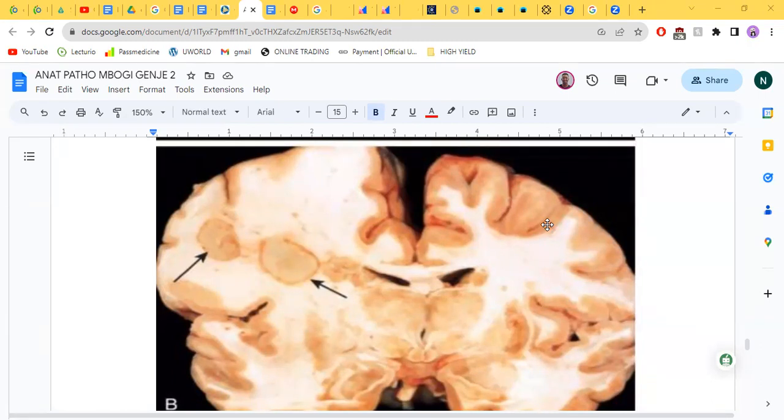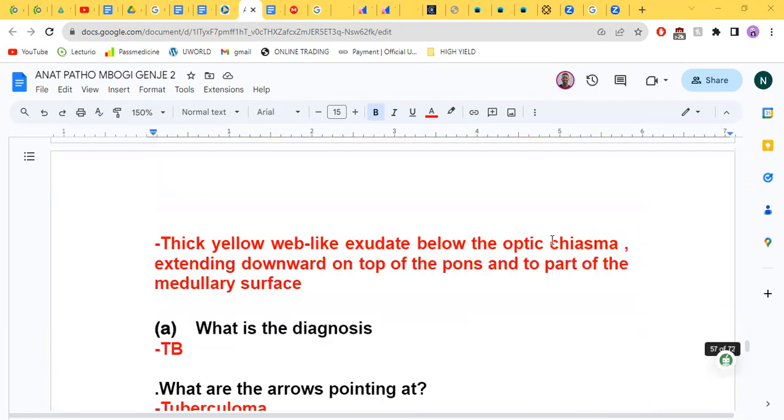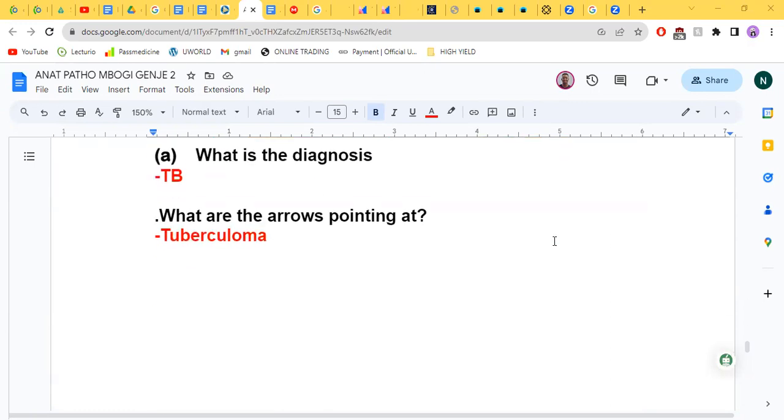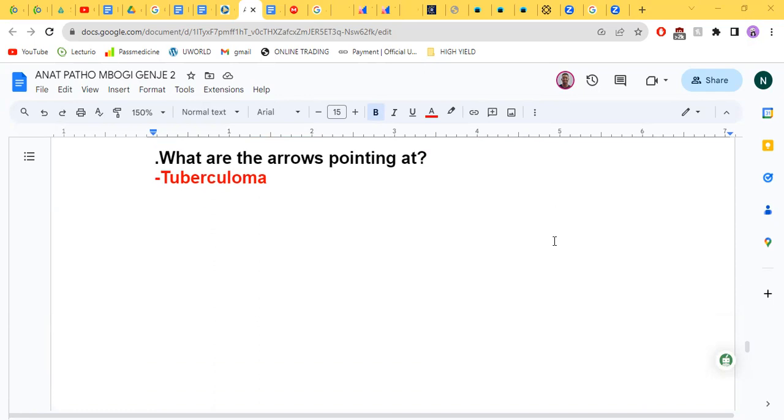Solid, yes, solid is true. Yes, they're multiple. I can see more than one. Now, what could be our diagnosis? A tuberculoma, correct. You guys are doing great. Let's move down. Describe the pathologic appearance. I think we already did. Our diagnosis was TB, and the arrows are pointing at a tuberculoma.